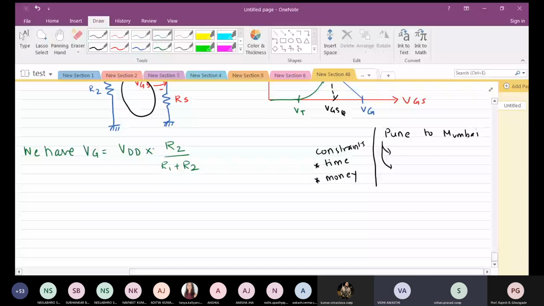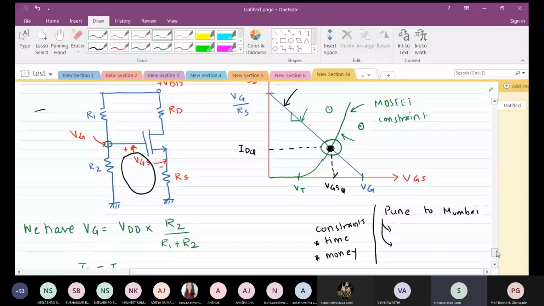We also have ID, which is equal to IS. Why do we have ID equal to IS? Is ID equal to IS correct?